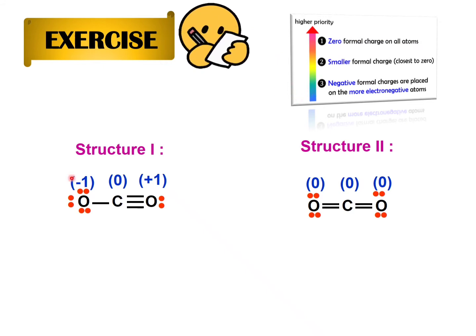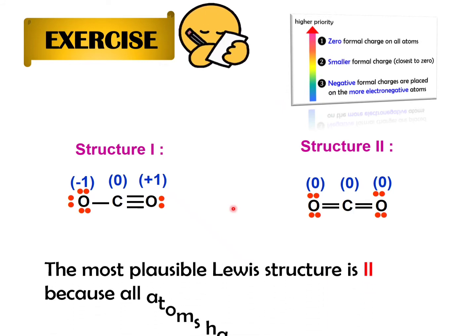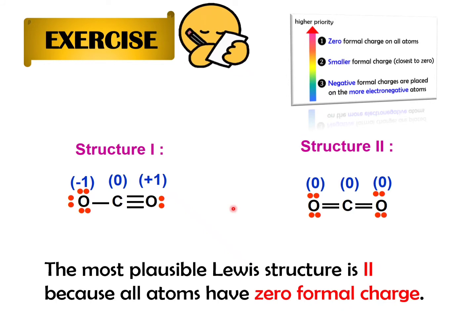Okay. So sekarang ni you dah boleh nampak structure 1 dia ada negative 1, 0, positive 1. But structure 2 we have 0, 0, 0. So higher priority should be 0 formal charge on all atoms. So kita boleh tahu that the second structure will be our most plausible structure because in this structure all the atoms have 0 formal charge.